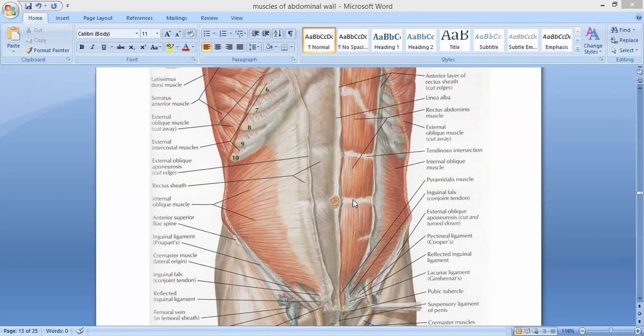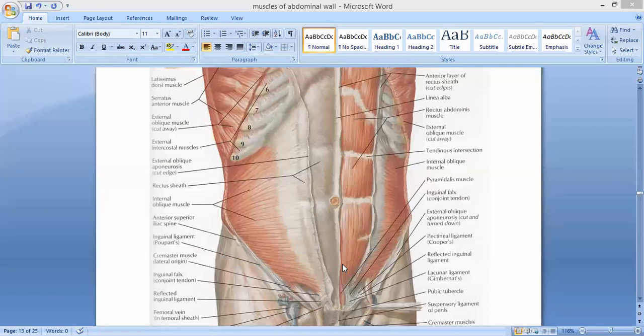Now, what would be its contents? In the definition we told that it is going to enclose the rectus abdominis and the pyramidalis muscle, right? So first we have got these two structures: number one, the rectus abdominis muscle and the pyramidalis muscle.